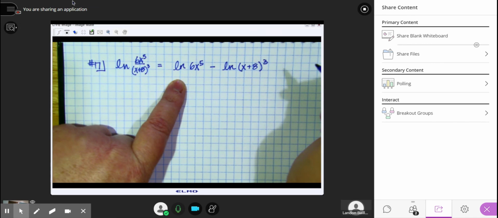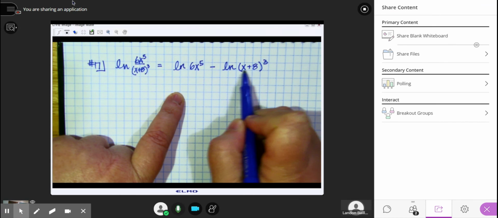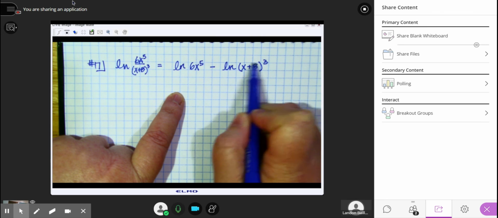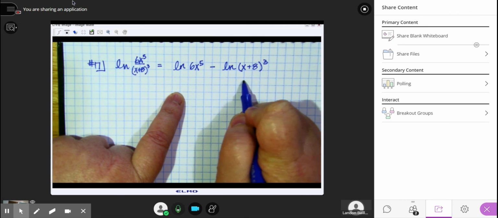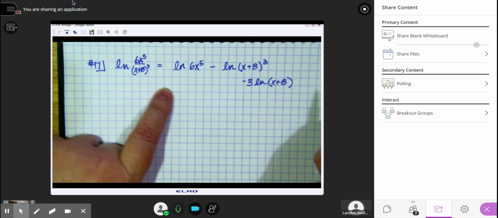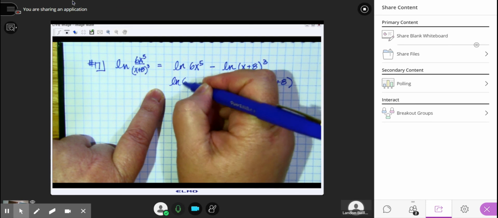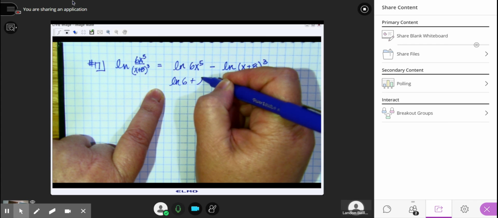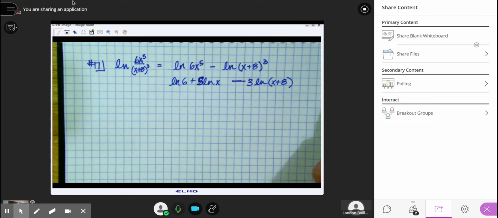Yep. Okay. Now, this power is on the x plus 8. And it's the only thing in the ln, so you can pull the 3 out front. There you go. And then minus x plus 8.